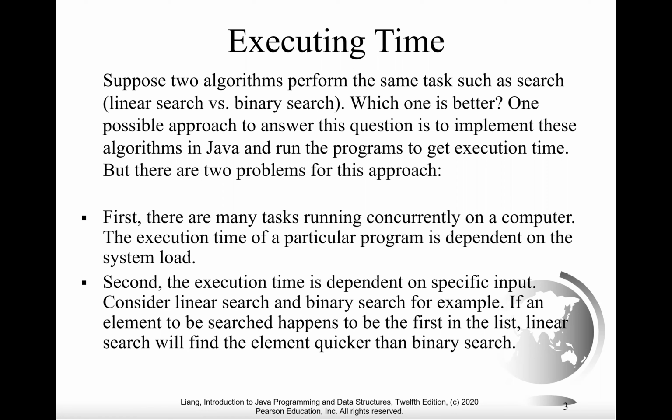This approach approximates the effect of a change on the size of the input. In this way, you can see how fast an algorithm's execution time increases as the input size increases. So you can compare two algorithms by examining their growth rate.